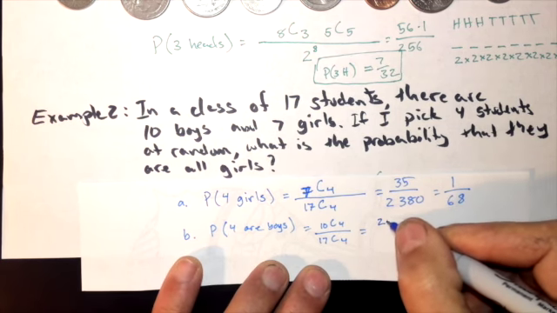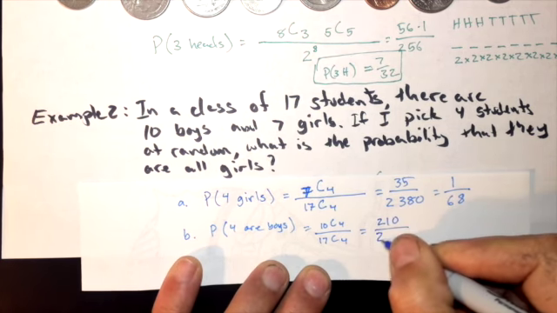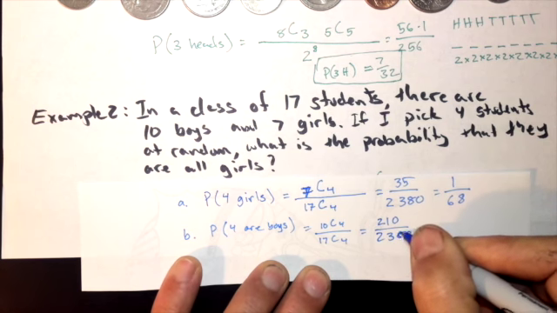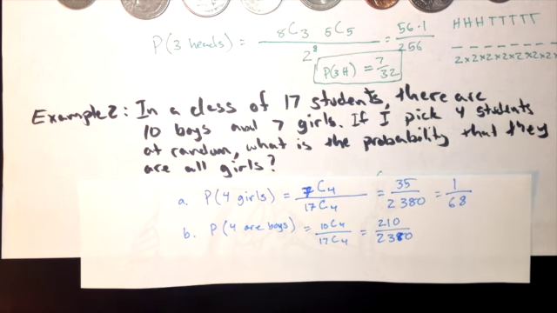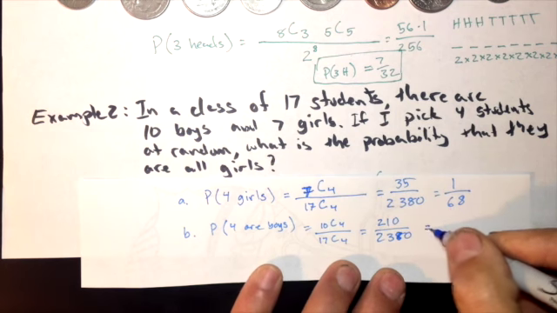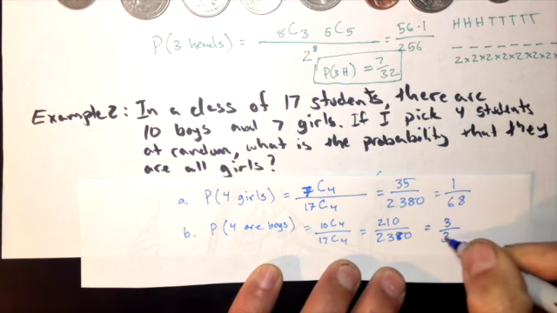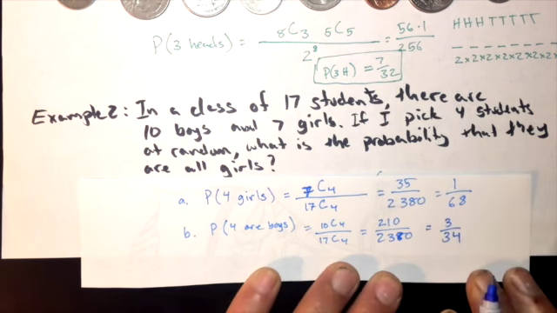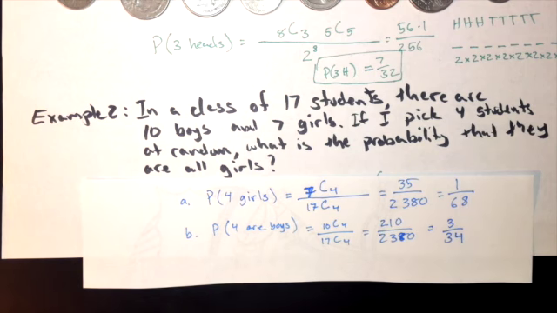So that's 210 divided by 2380. And that would be 3 out of 34. There's a lot bigger probability that I get 4 boys than 4 girls in this class.